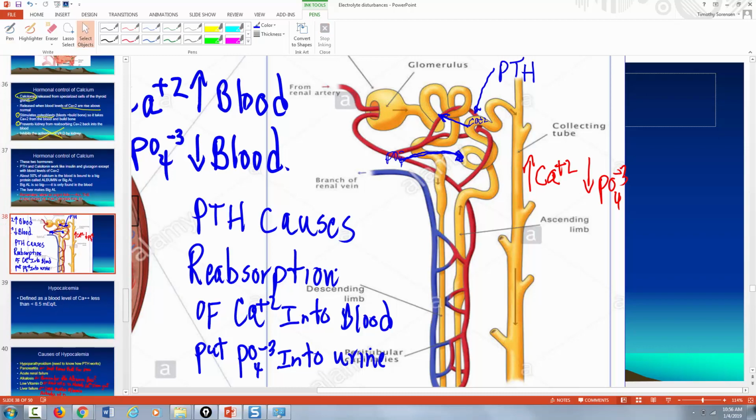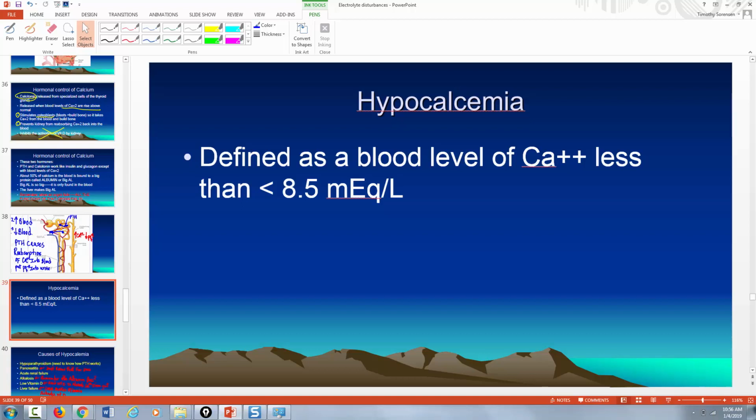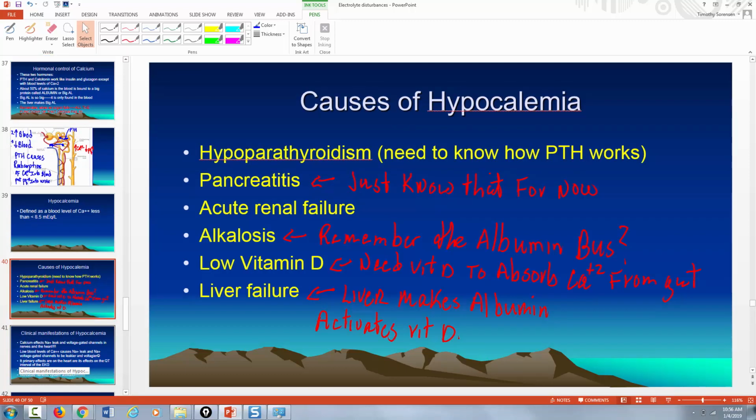Let's get into it. So I'm going to talk to you about hypocalcemia. Hypocalcemia is less than 8.5 milligrams per deciliter. Let's look at some of the causes, right? Hypoparathyroidism.